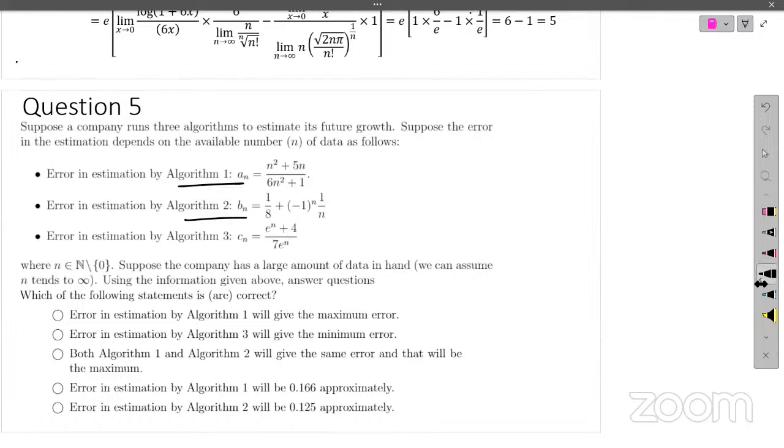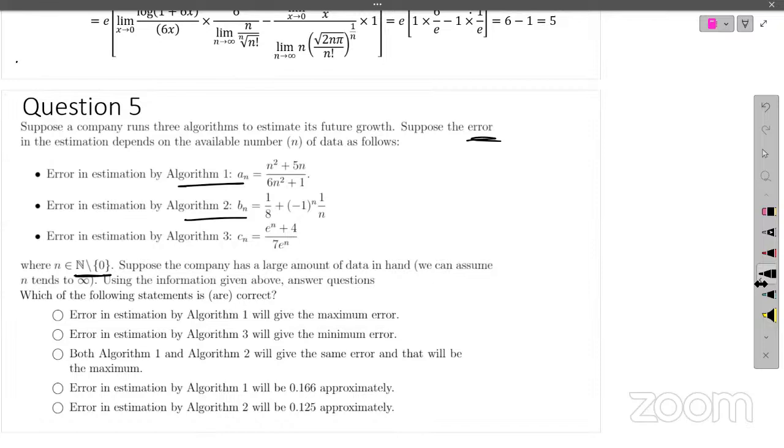So it's given that suppose a company runs 3 algorithms to estimate the future growth. Suppose the error in estimation depends on the available number n of the data as follows over these 3 algorithms and these 3 sequences, where n belongs to natural numbers minus 0. Suppose the company has a large amount of data in hand, so we can assume that n goes to infinity.